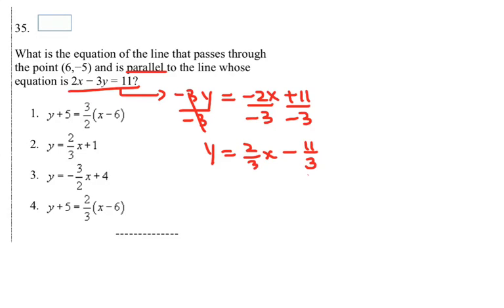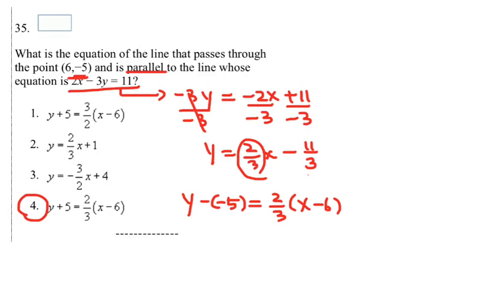And what is our slope? Slope is 2/3. But we have to use that point, so we end up getting y - (-5) = 2/3 (x - 6) as our answer. And which one of them is the same as this? That's right, choice 4 would be our answer.